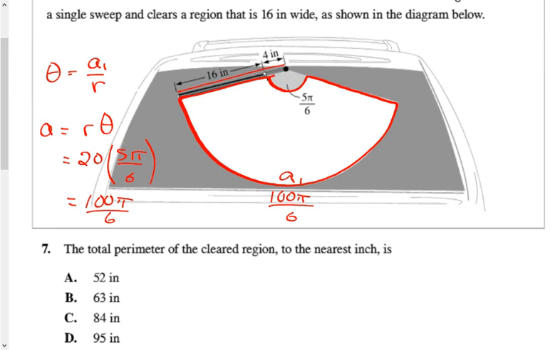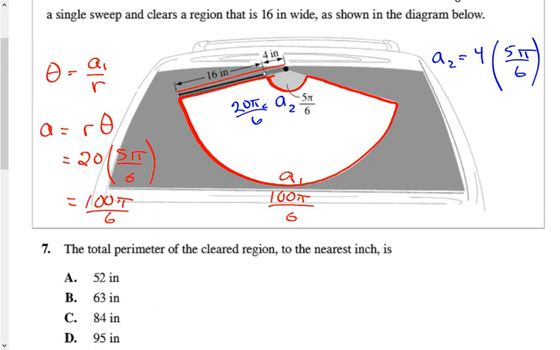Okay. Then I found the arc of a small circle. So A2 would be the radius, which is 4, times the angle, 5 pi by 6. So that is equal to 20 pi divided by 6.